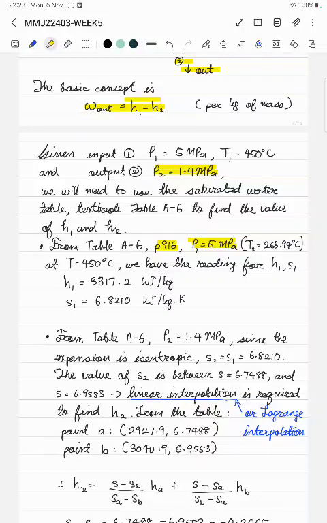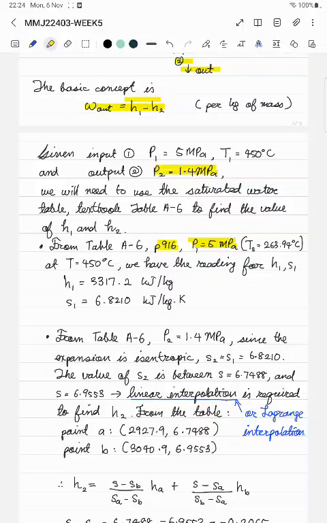The simpler analogy would be when under 1 atmosphere, that is 100 kilopascal, the saturation temperature of water is 100 degrees Celsius. So at higher pressure, the saturation temperature or the boiling temperature will be higher.